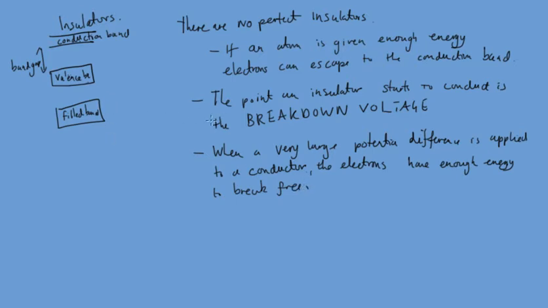Now this can pose a problem for engineers. When an engineer is designing a product, they need to take into account the breakdown voltage of the material that they're using. However, this isn't as easy as it sounds.